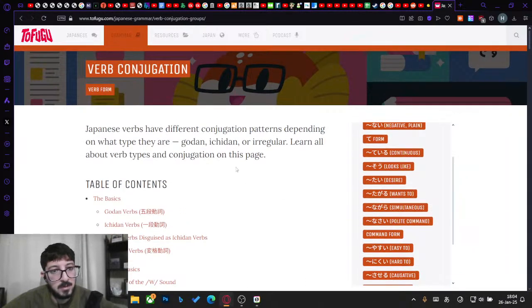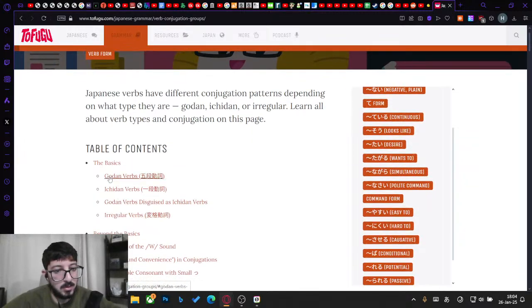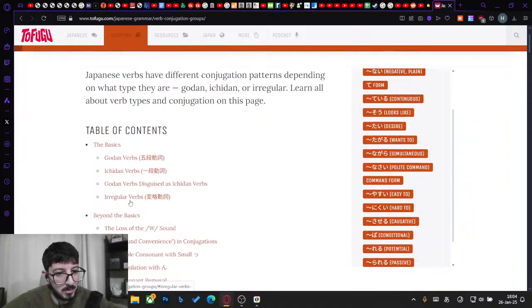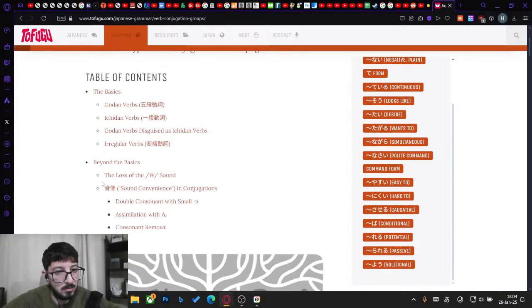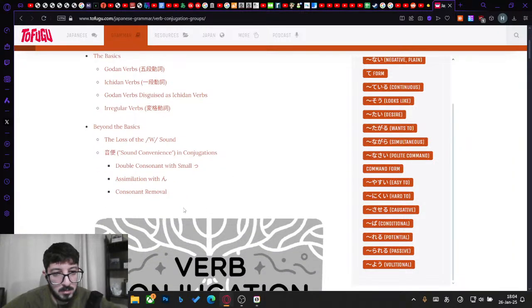Okay, yeah, definitely read this page. The basic Godan, Ichidan, Godan, disguise, irregular, beyond the basics, also consonant removal.